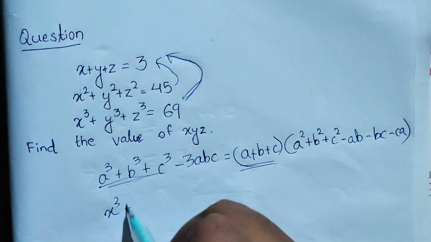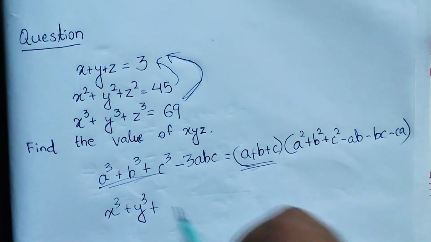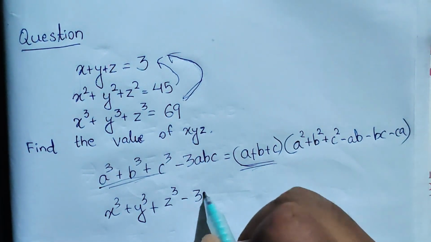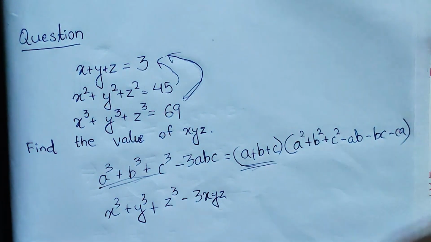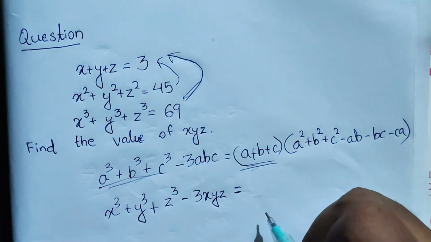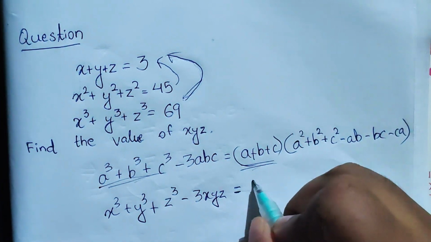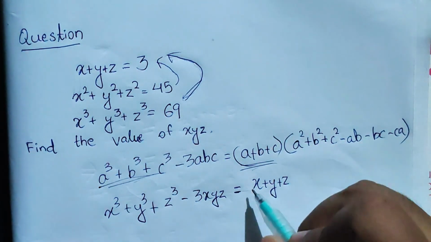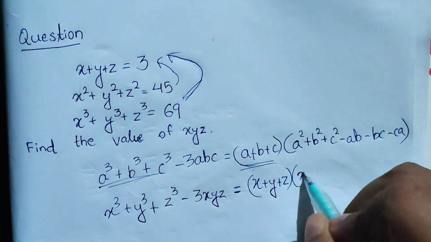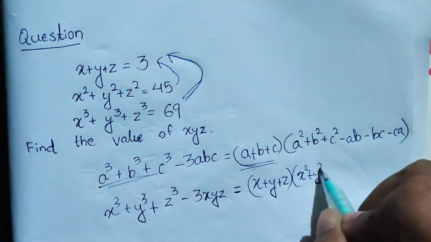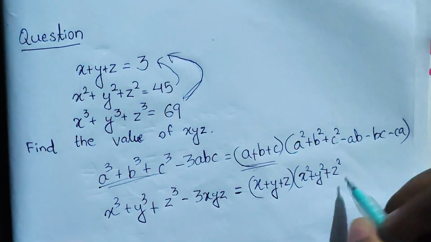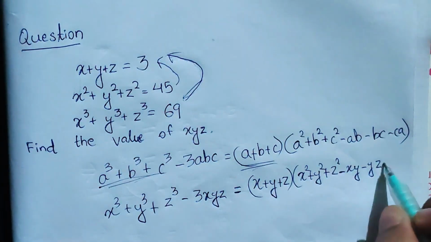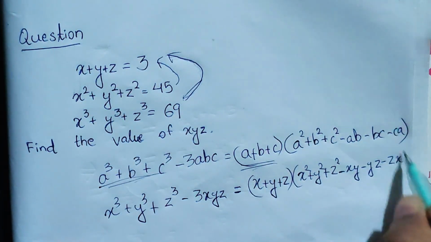So for our case we have x cube plus y cube plus z cube minus 3xyz equals x plus y plus z multiplied by x square plus y square plus z square minus xy minus yz minus zx.